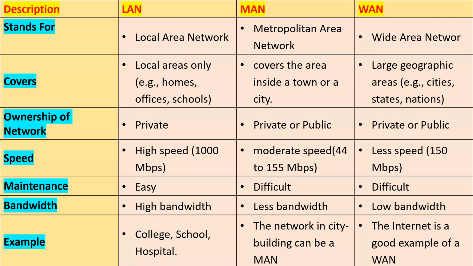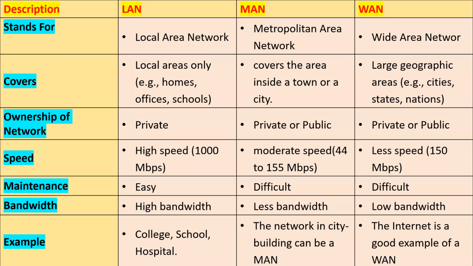Maintenance in a local area network is very easy. Considering the MAN and WAN, because of their unlimited geographical locations, it is very difficult to maintain. For bandwidth, the local area network has the highest, then the MAN and WAN have comparatively low bandwidth. Then look at some examples also.